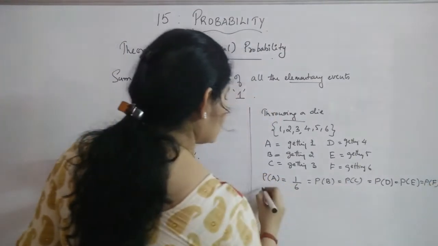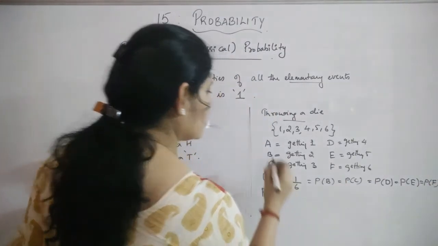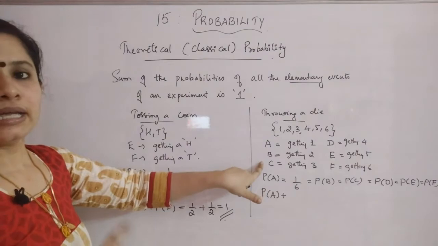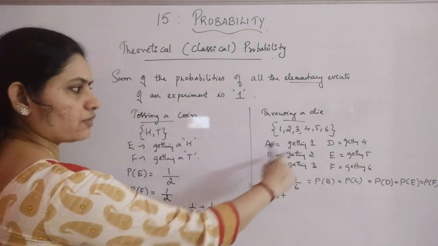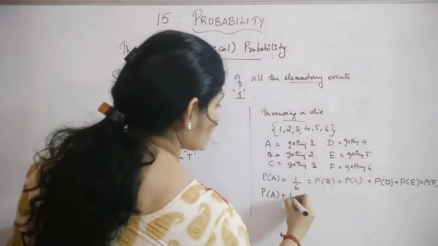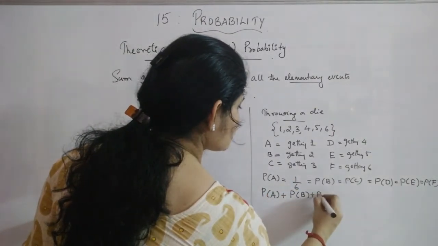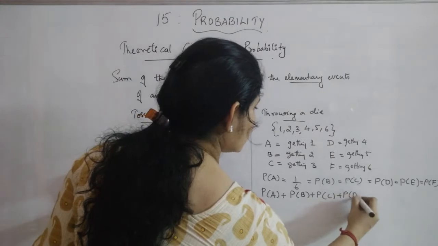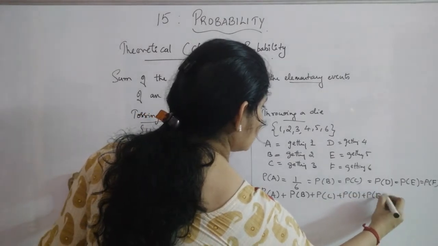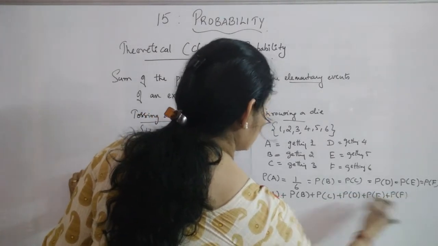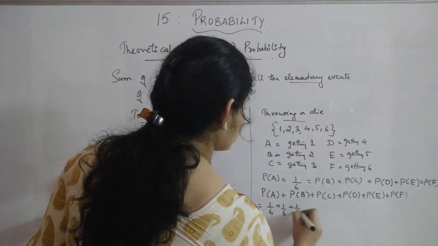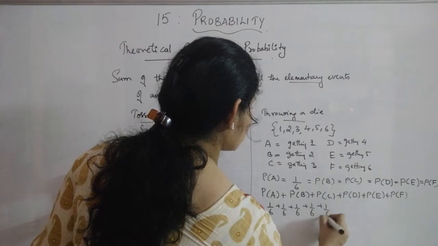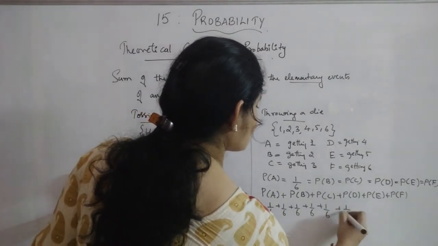That means if I take the sum of all these probabilities, all are again elementary events, you are getting only one element in each of the events, right? So P of A plus P of B plus P of C plus P of D plus P of E plus P of F will give you 1 by 6 plus 1 by 6 plus 1 by 6 plus 1 by 6 plus 1 by 6 plus 1 by 6.